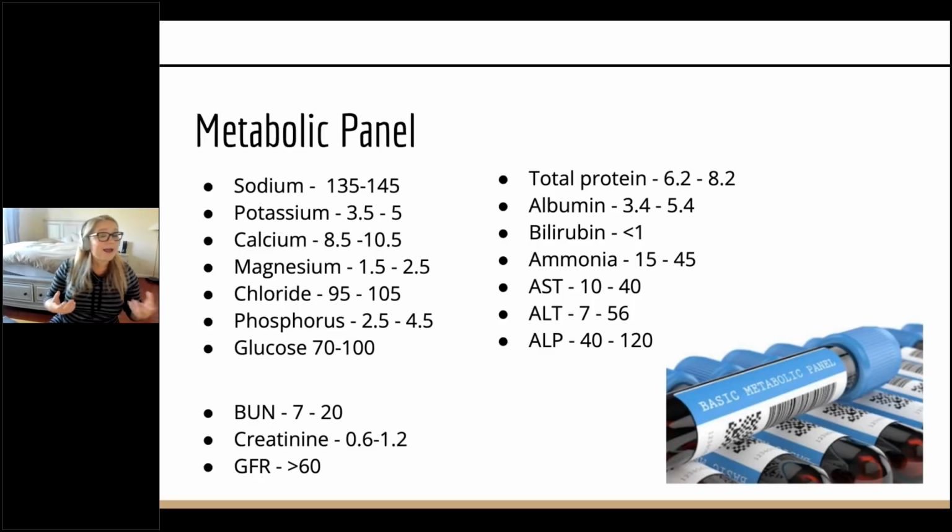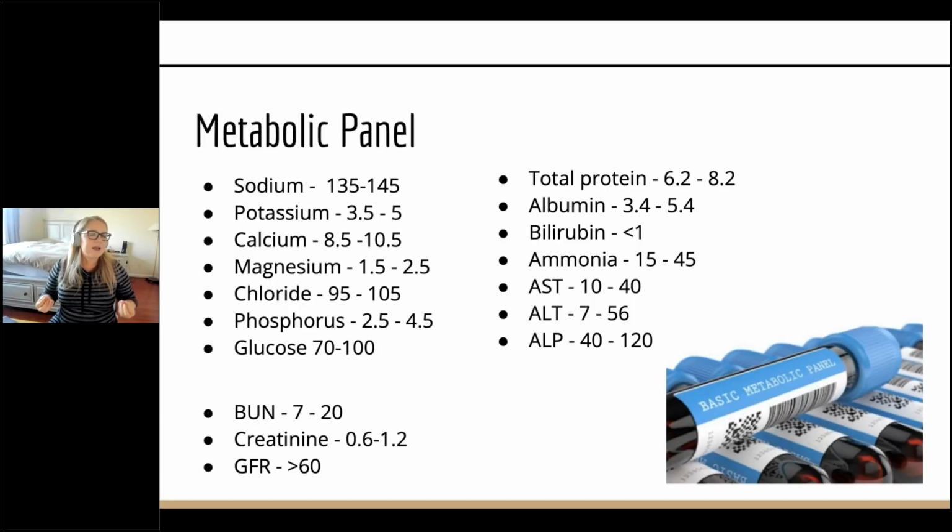The second one, that ALT, that stands for alanine aminotransferase. And then your last one, your ALP, that stands for alkaline phosphatase. I wouldn't worry too much about memorizing exactly what those names stand for. I would know your AST, your ALT, and your ALP are all different liver enzymes. And as they go up, we worry about liver damage.